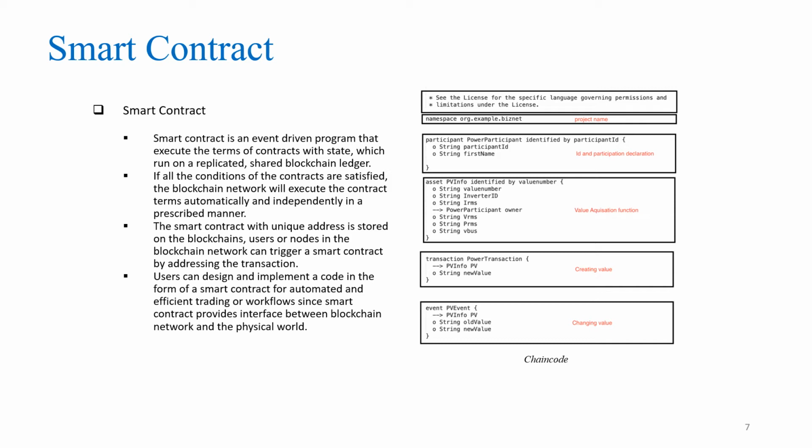In this slide, we just shared one example of the script, which is also called the chain code. In this script, we mainly define who the participants of the network are, what the asset of each of these participants will be, the asset information, also how we want to make the transactions for these assets, and finally what the events of these participants will be.